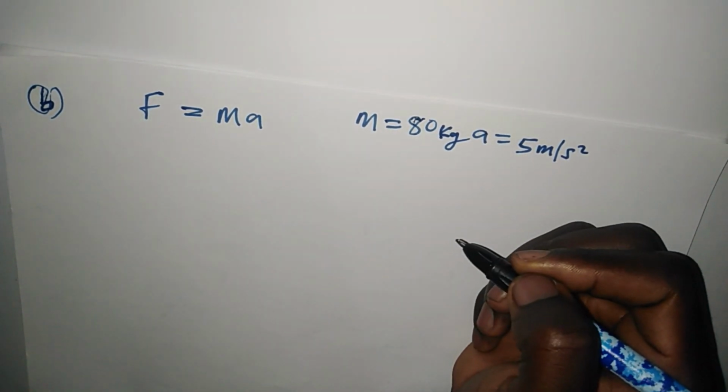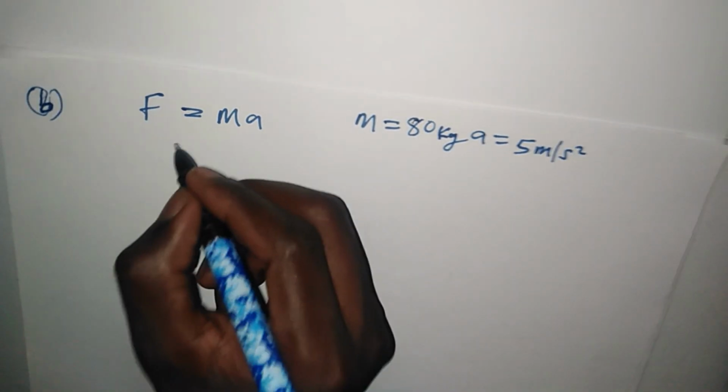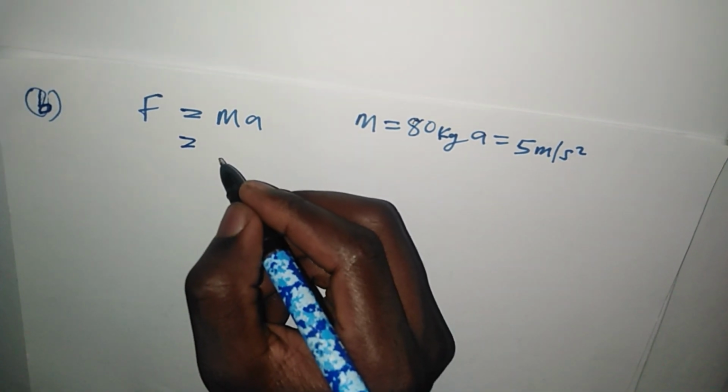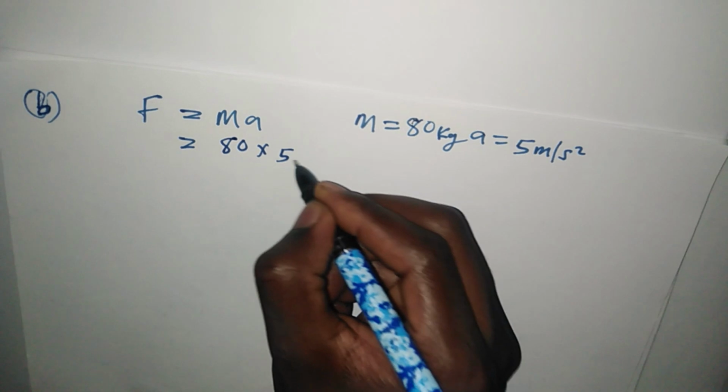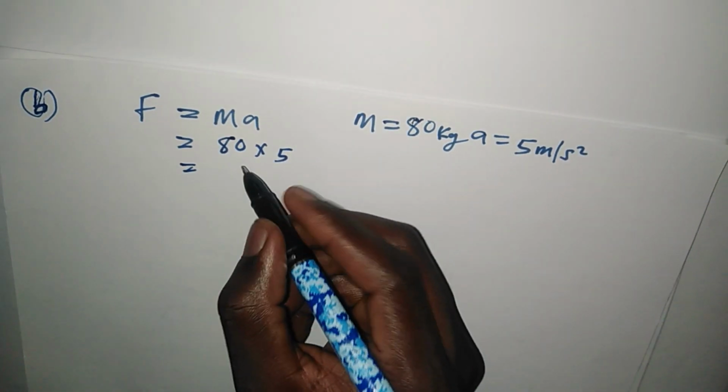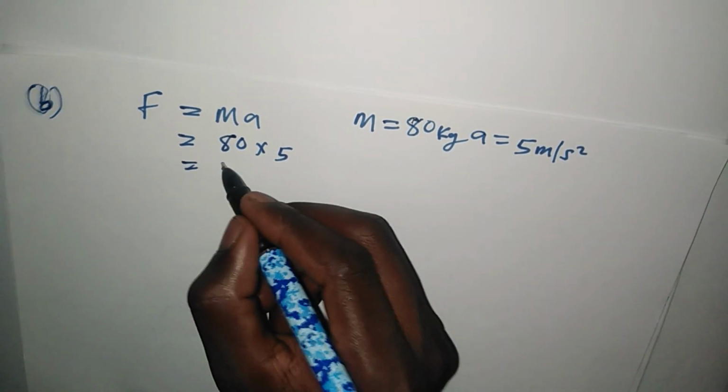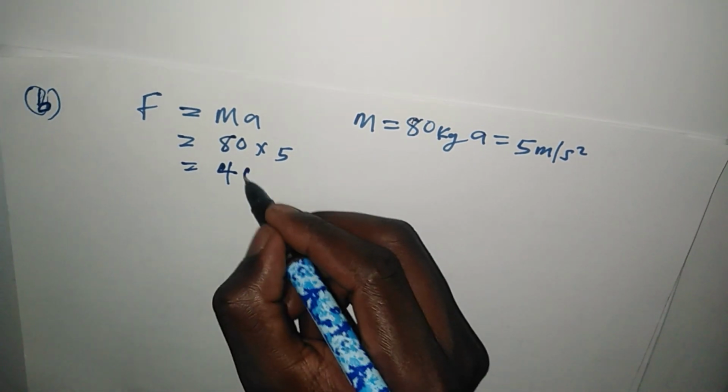Therefore, the net horizontal force is going to be 80 times 5, which is 400 newtons.